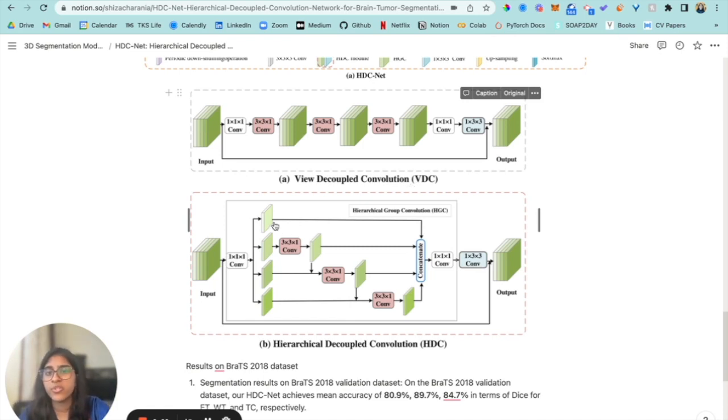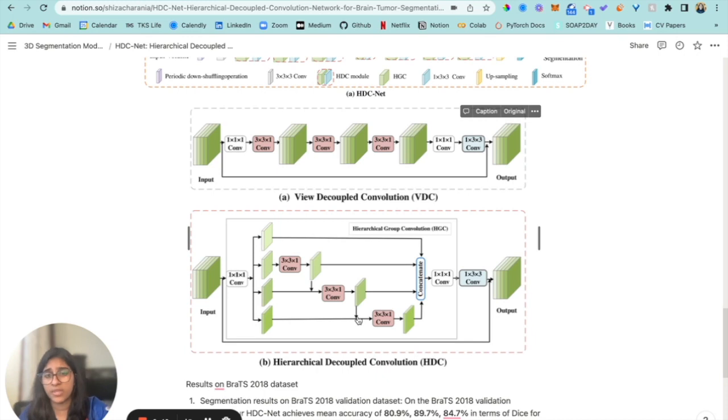And then for here, you just take this and put it at the end. You only have to do it once. But for here, you have to do the convolutional layer many times and on every single modality. So from a computational perspective, the HDC would have just been easier. That's why they went with that.